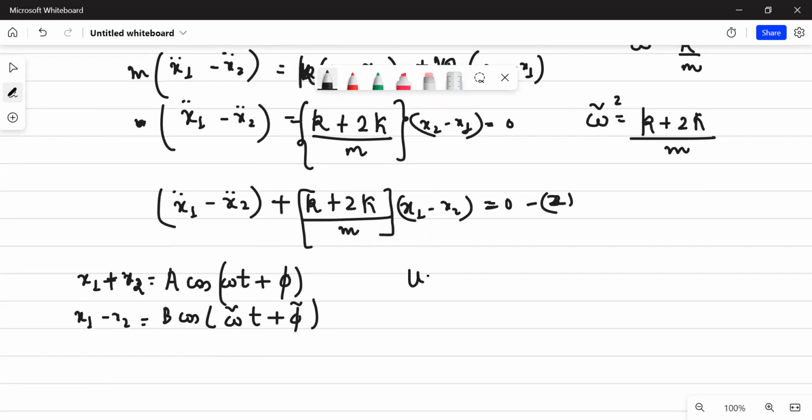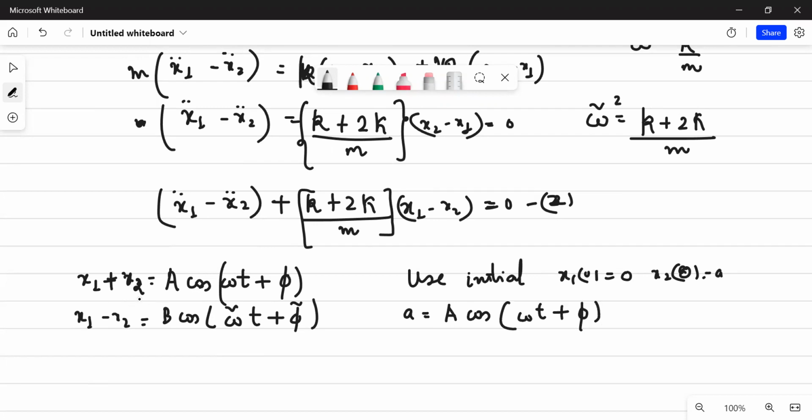So I'll get omega tilde t plus phi tilde. Now, if I use my initial conditions, that x1 at 0 was 0 and x2 at 0 was a, I will get a is equal to A cos(omega t plus phi). If I differentiate both of them, x1 dash plus x2 dash is equal to minus omega A sine(omega t plus phi).